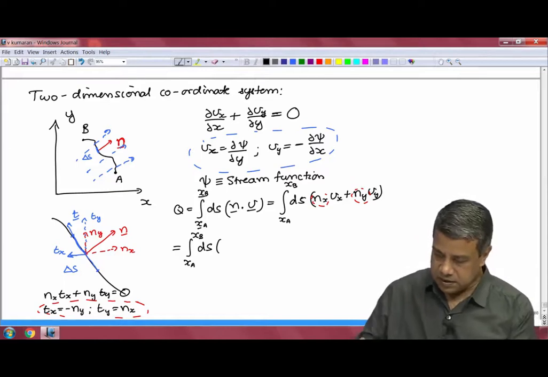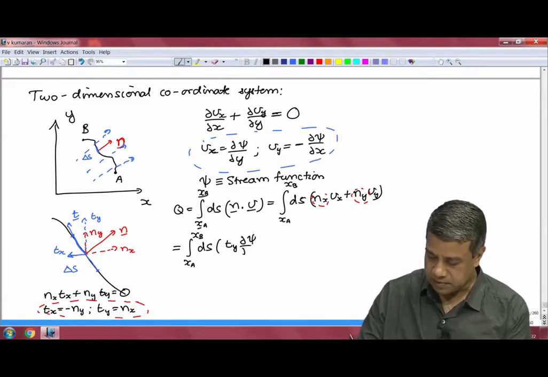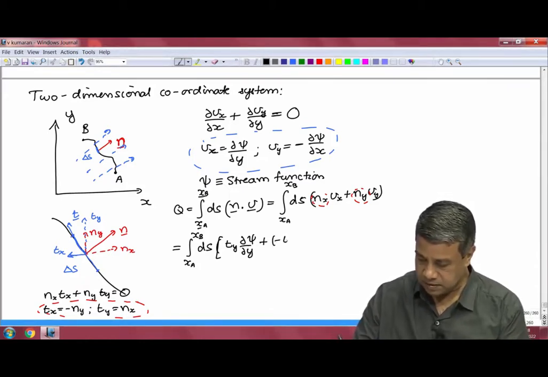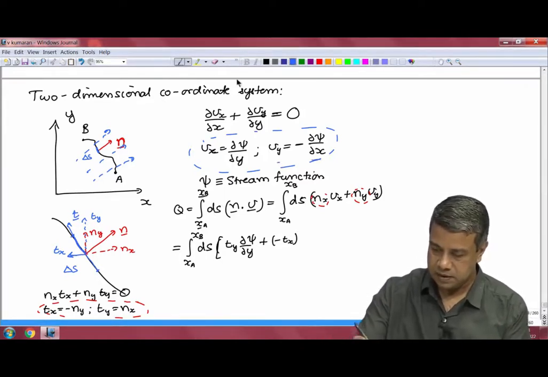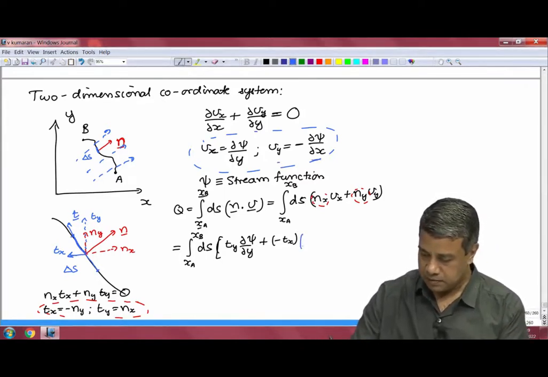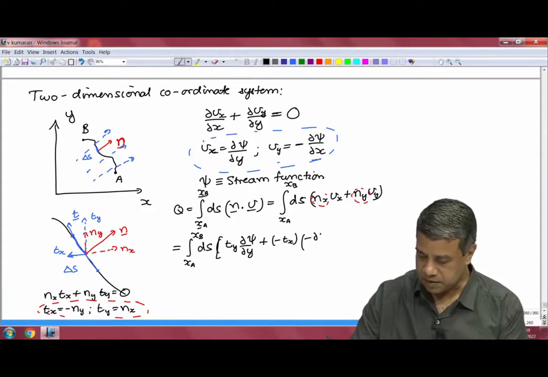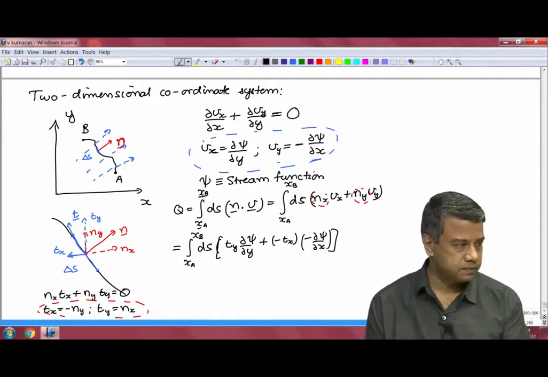So, in this case nx is equal to ty, and Vx is equal to partial psi by partial y, plus ny is equal to minus tx, and Vy from here is equal to minus partial psi by partial x.